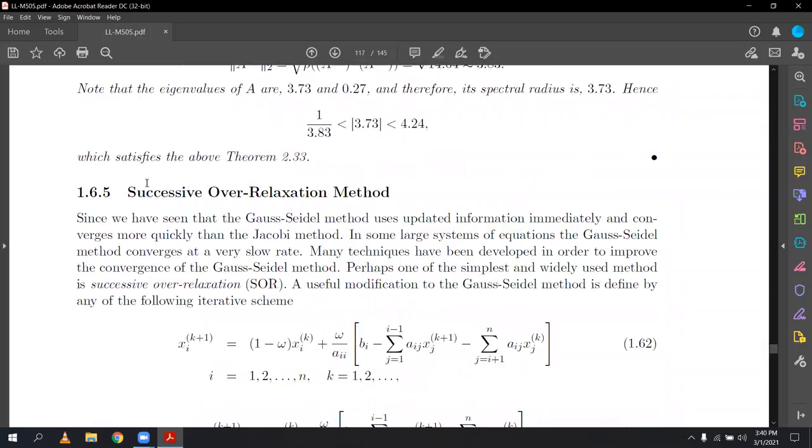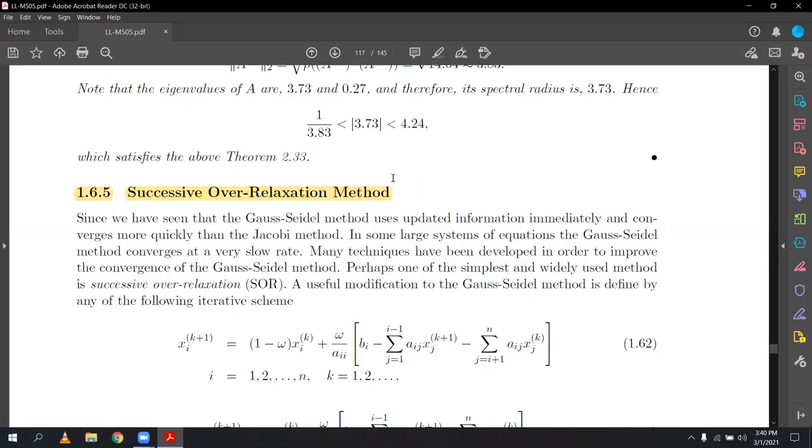Now let's come to the last iterative method, which we call the successive over relaxation method. The successive over relaxation method is a modification of the Gauss-Seidel method. In the Gauss-Seidel method, I told you Gauss-Seidel may converge, may diverge. But if it converges, it converges faster than the Jacobi method.